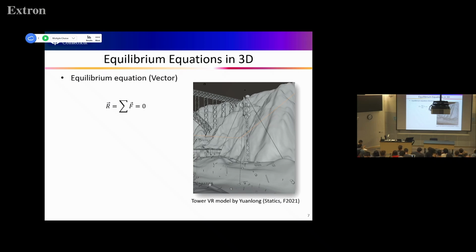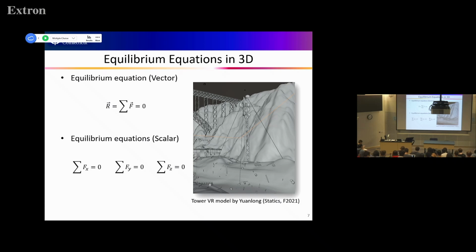If it is 2D, we have 2 components, x, y. If it is 3D, we have 3 components, x, y, z. Since we are talking about 3D, we have 3 equilibrium equations: sum of Fx, Fy, and Fz. In each direction, the sum of all forces equals 0. Then we'll solve this equation using the first problem today, later together.